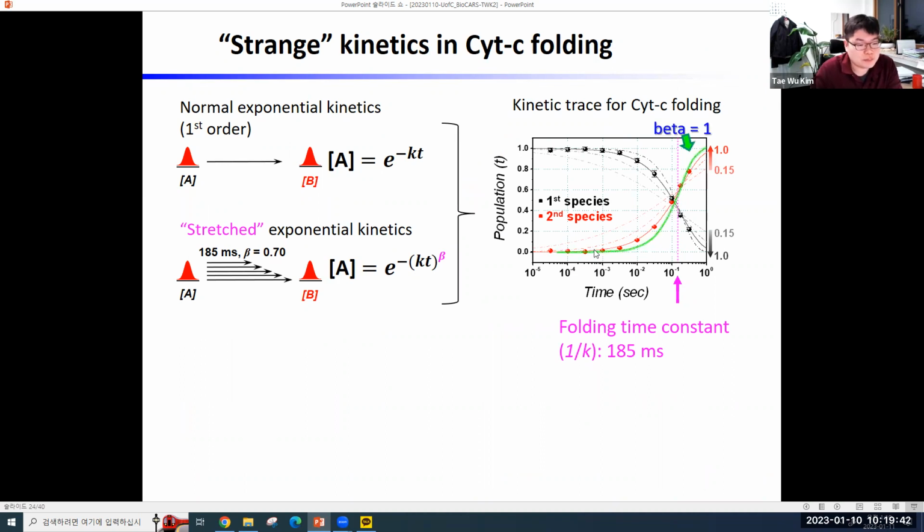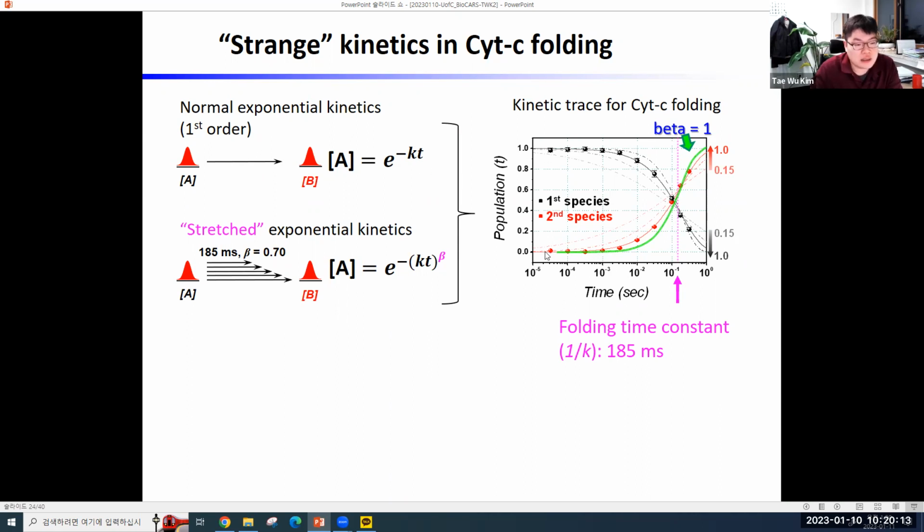What I mean is, this green one shows the normal exponential kinetics. If we take a look at the PChem, physical chemistry textbook, we can map a very simple unimolecular reaction like this. If there is a unimolecular transition from the A state to the B state, usually this kinetics can follow first order kinetics with an exponential decay.